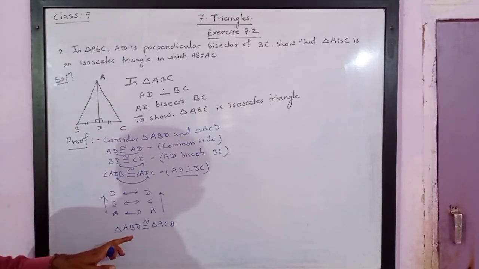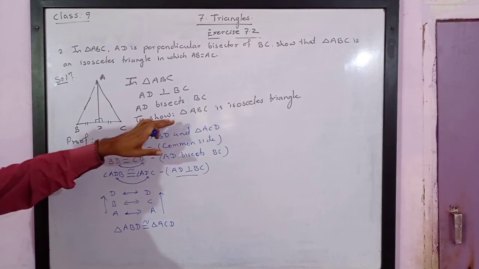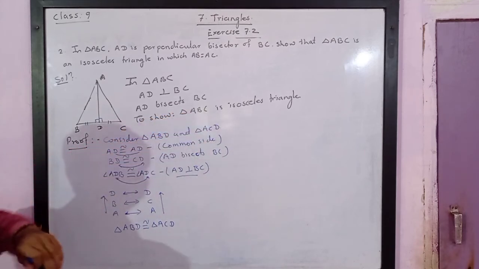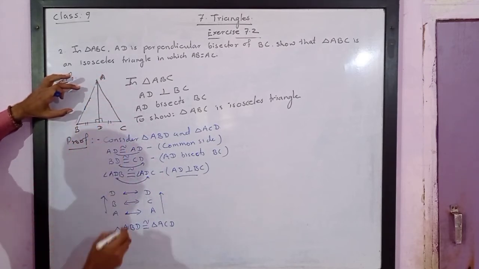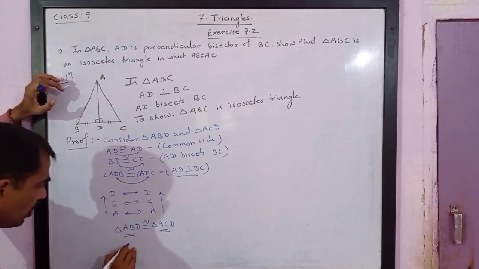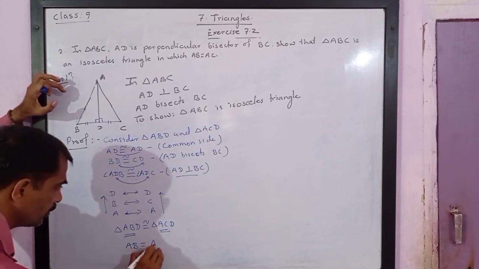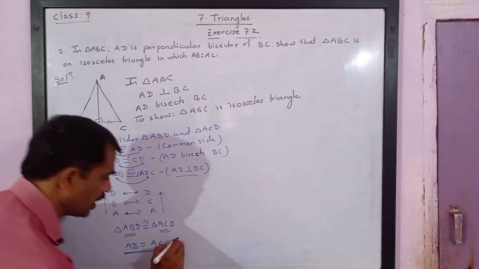So here, please note, we were asked to show ABC is an isosceles. So if you keep AB side on AC side, that is the side formed by first two vertices, you will get AB is equal to AC. They are corresponding sides of congruent triangles.